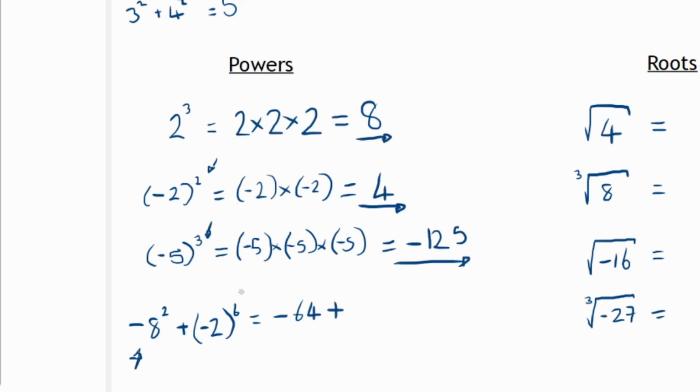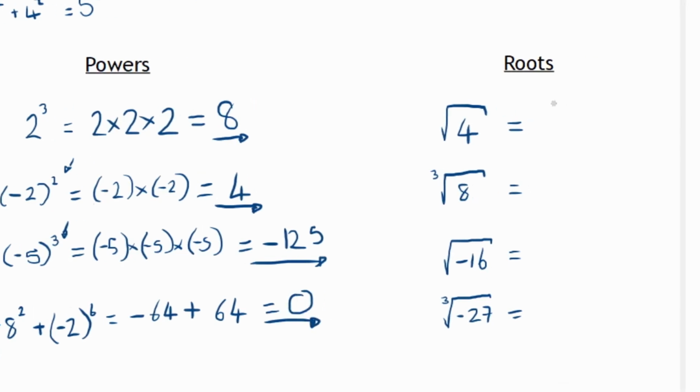Because we have an even exponent, we know that our value is going to be positive, and 2 to the power of 6 is also 64. And so our final answer would be negative 64 plus 64, which is 0. And so powers work exactly as we expect them to do.